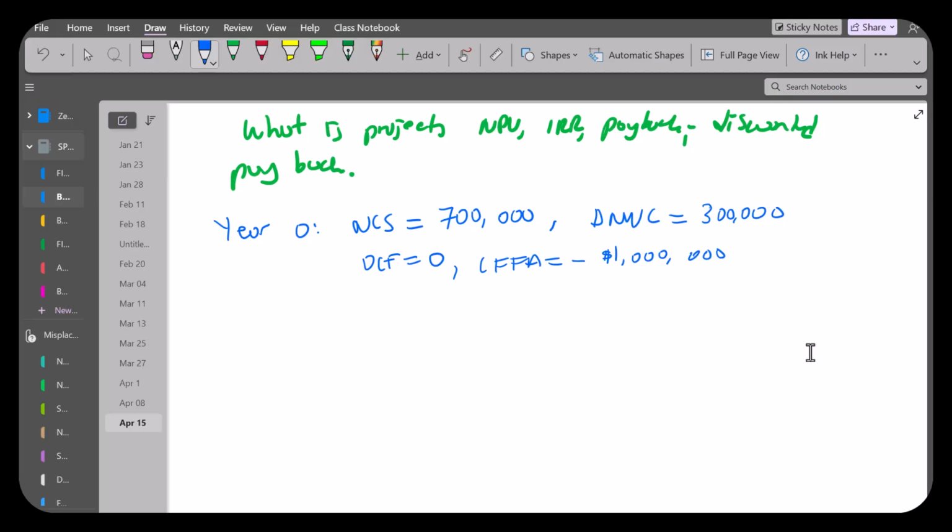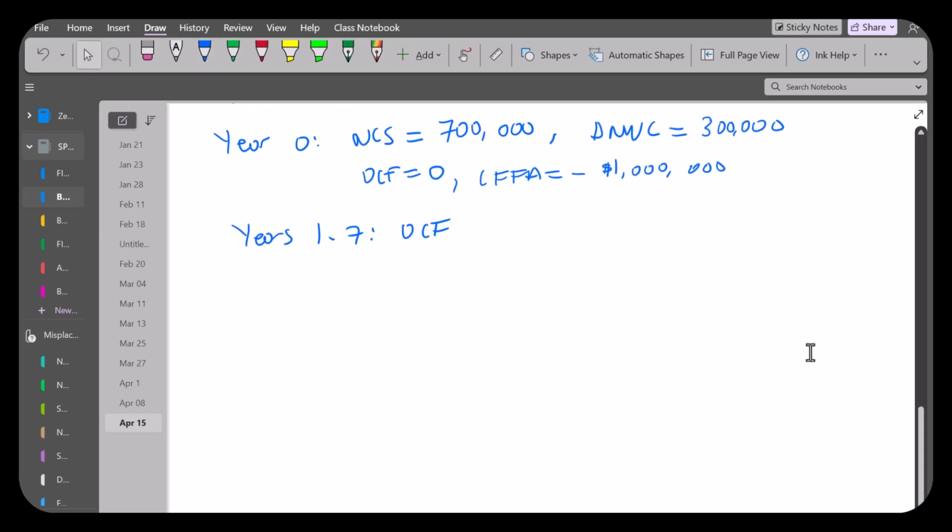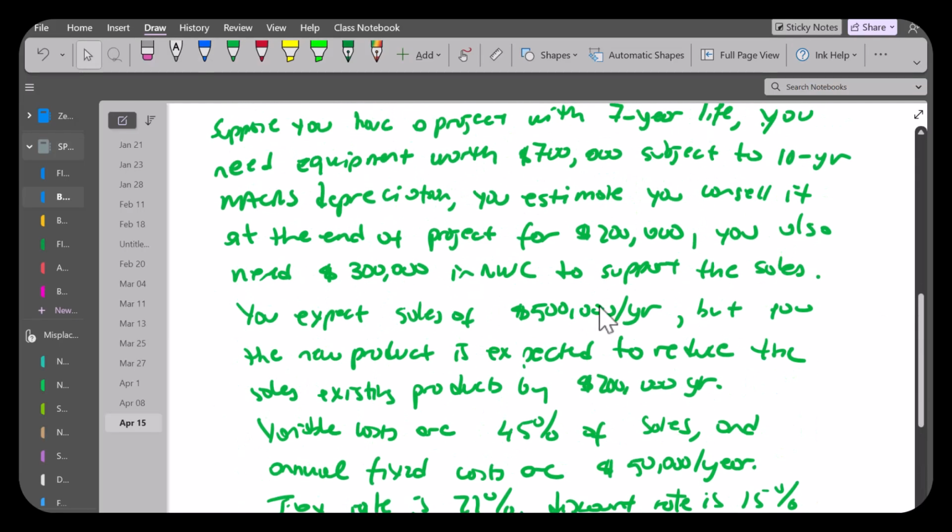For years 1 through 7, I'm going to calculate the OCF. Net sales: my new product gets me $500,000 a year, but there's a side effect. I'm going to have a decline of 200 grand on my existing sales. So net sales is 300,000.